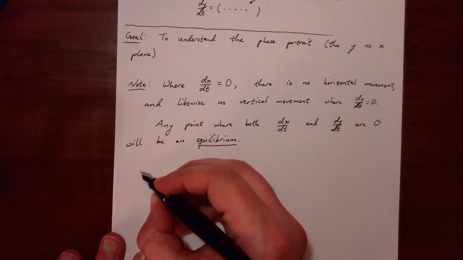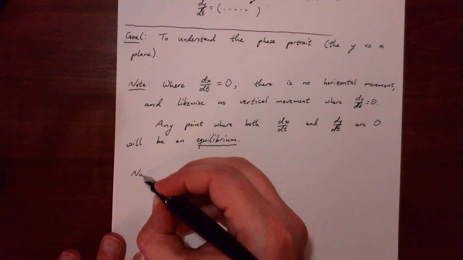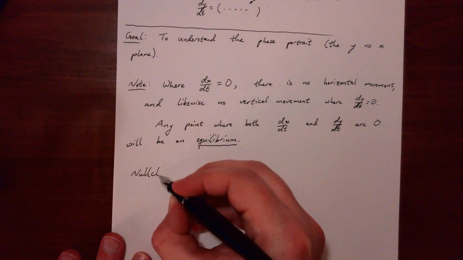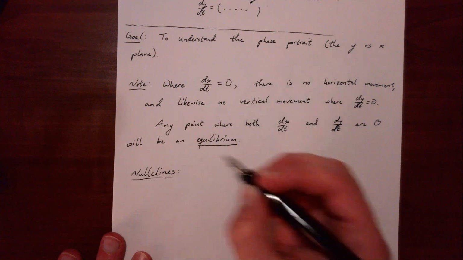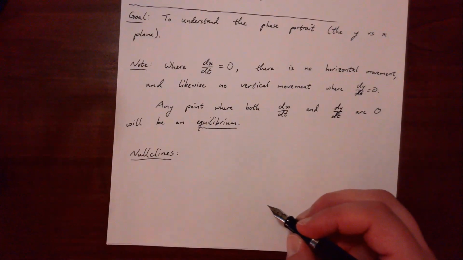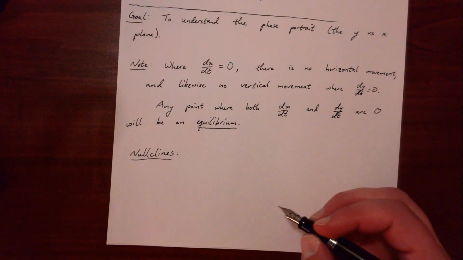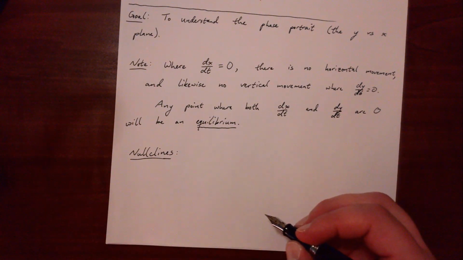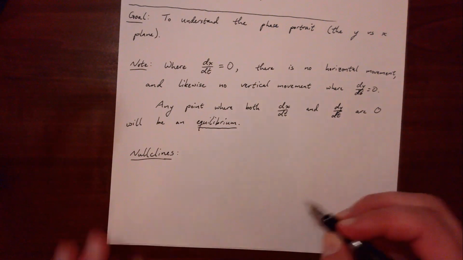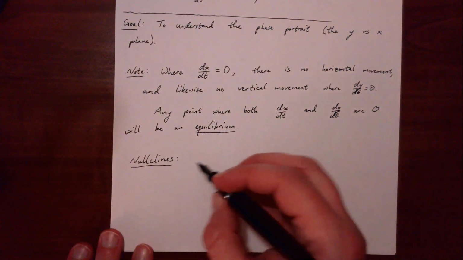So let's just define here nullclines. So nullclines, these represent the curves that we get when we set alternately dx/dt equal to 0 and dy/dt equal to 0.